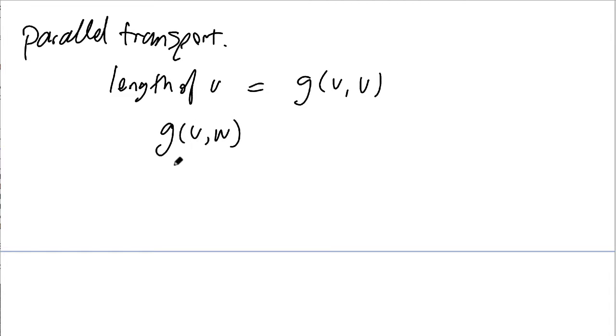Now, assuming v and w are vector fields, this is just an ordinary function: a number or value at each point in the space or space-time. So we can differentiate this along any particular direction, say along a coordinate line x alpha.